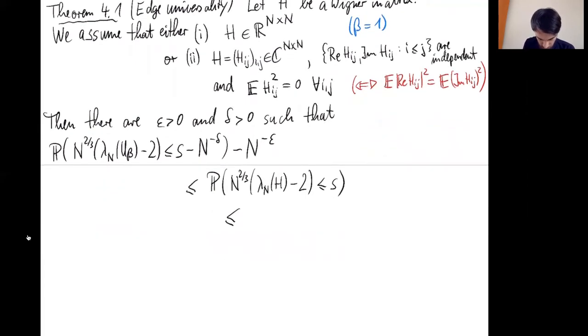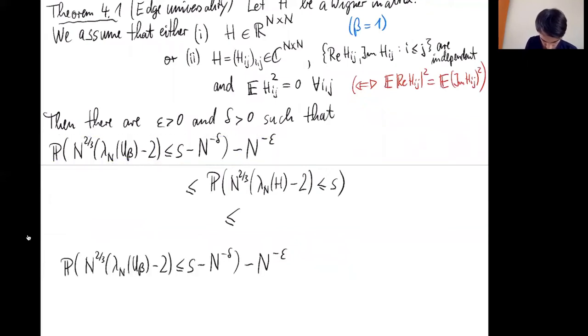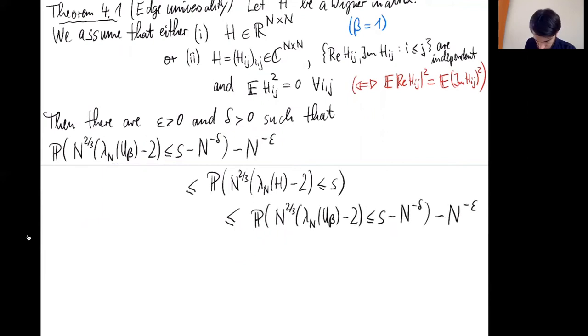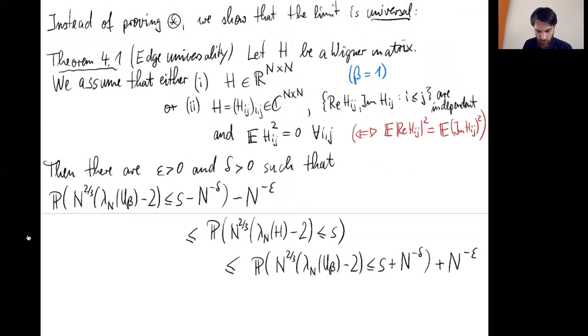And then I have the same expression, I can maybe just copy it. Now I have to change something, namely here I have to put a plus and here I have to put a plus. Okay, so that's the kind of statement that we're interested in here now, and this should hold uniformly for all S in R.